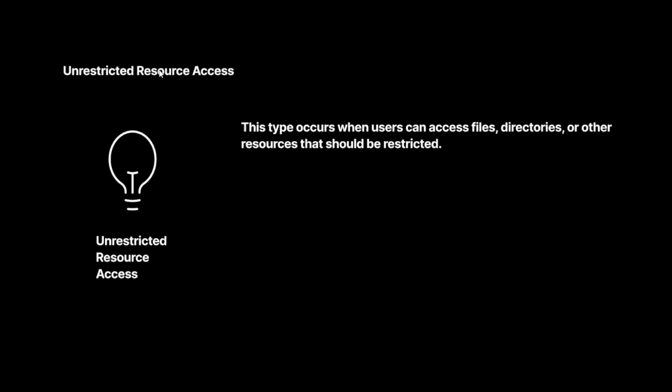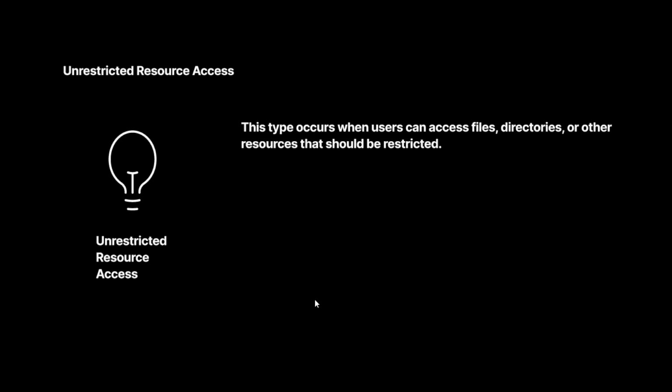Lastly is unrestricted resource access, and this happens when you can access files, directories, or other resources that should be restricted. For this, you would be using tools that do brute forcing like dirbuster, gobuster, or ffuf to identify hidden endpoints or files that you're not supposed to have access to.